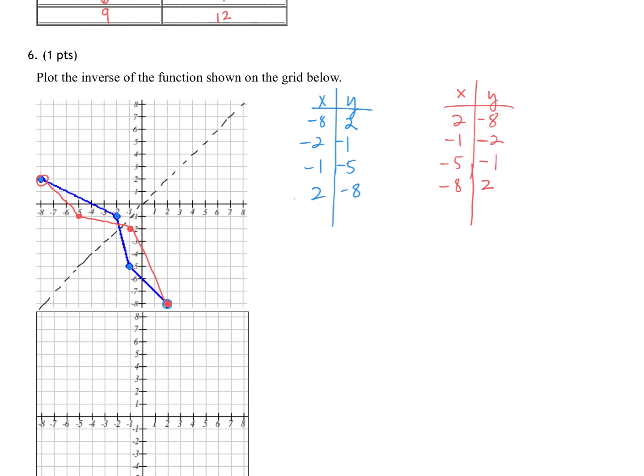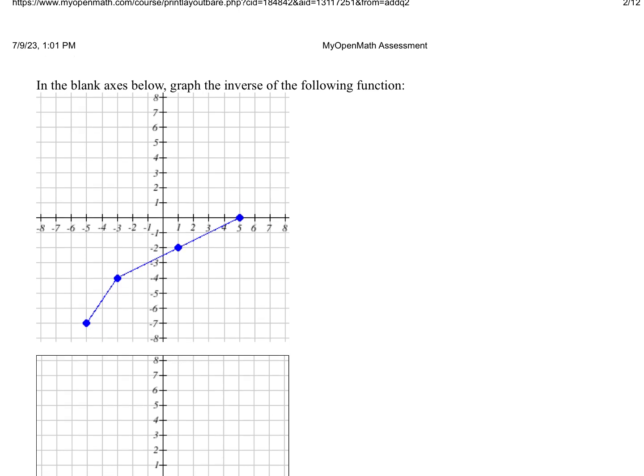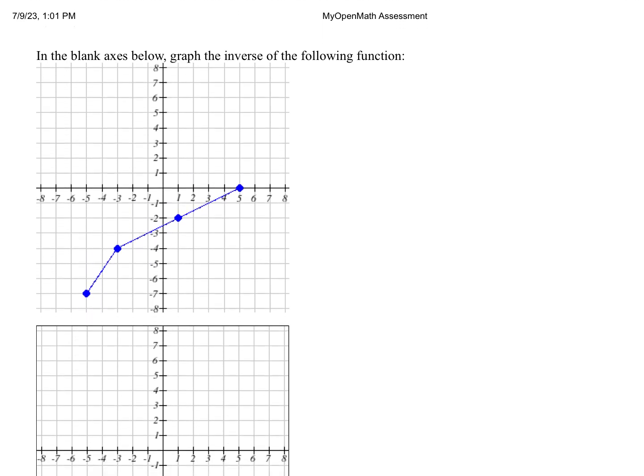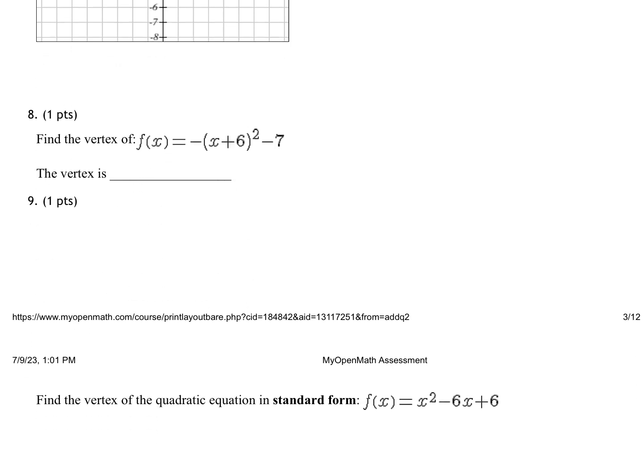So remember that whichever one's open here is going to be open here. It doesn't mean that it's going to be the one farthest to the right. So keep that in mind. All right, so number 7. This is the same thing, so I'm going to skip this one, same as number 6.